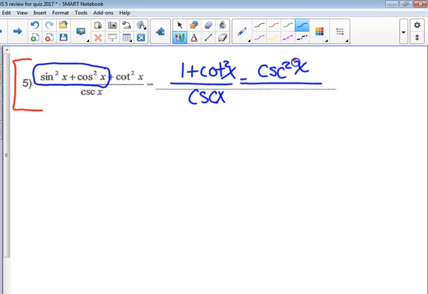Cosecant squared. So what's a cosecant squared divided by a cosecant? Questions?